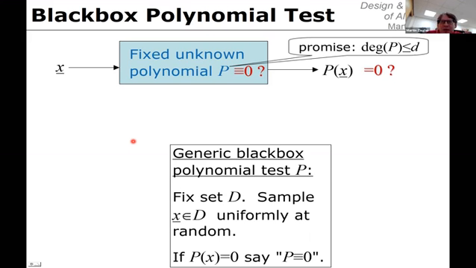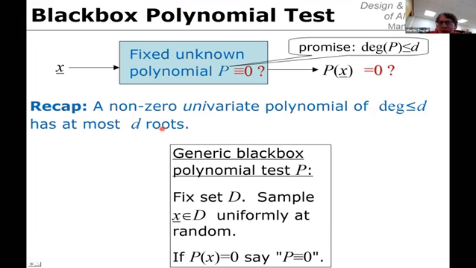But when I promise that my polynomial has degree at most 6, then I can trick you at most 6 times, add at most 6 roots, and then I've reached this degree constraint and cannot add another linear factor, right? And this is in general the case because of the well-known, actually the easy part of the fundamental theorem of algebra. Any non-zero univariate polynomial of degree at most d has at most d roots.